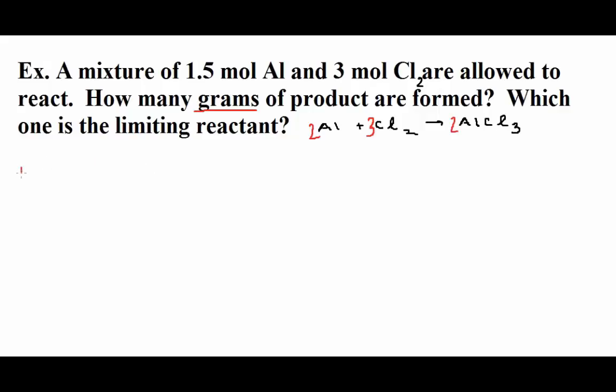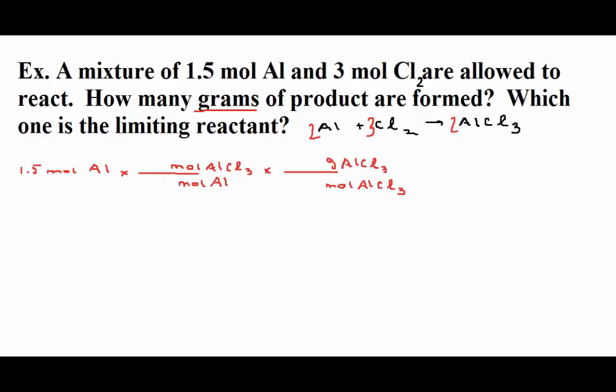So in this problem, I have 1.5 moles of aluminum, and I want to calculate how many grams of aluminum chloride that will produce. So I'm going to put moles of aluminum on bottom, and I'm going to put moles of aluminum chloride up top. Finally, in order to get into grams, which is what I'm asked for, I'm going to put that up top, and I'm going to put moles of aluminum chloride on bottom.